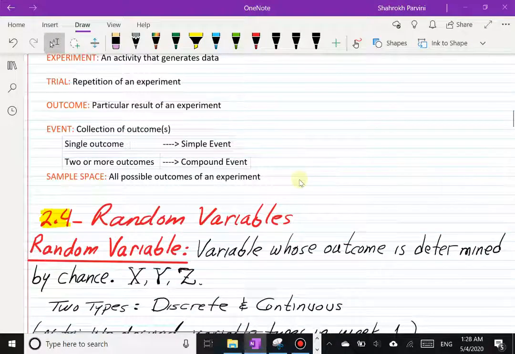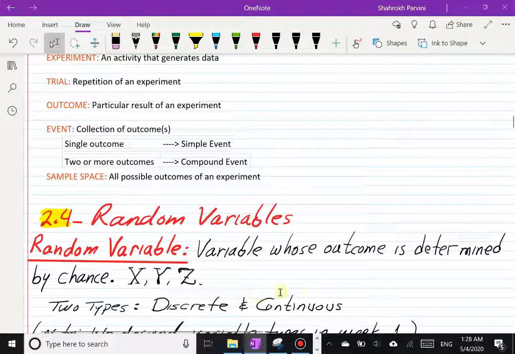Now there are two types of random variables, just as we had two types of variables: discrete and continuous. Remember, last week we defined both of these. Discrete are those that have gaps between numbers. Usually discrete variables are those whose outcomes are counts.